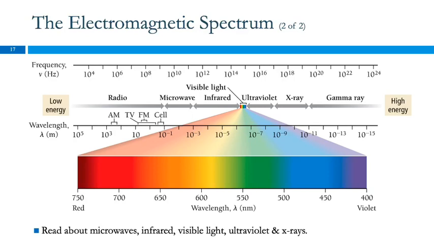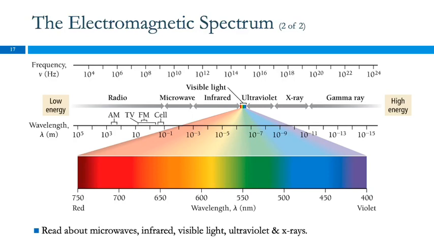There's a lot of information on here. There's a frequency line up here, so we're going from low frequency to high frequency. Here's the wavelength, so we're going from long wavelength to short wavelength because the wavelength and the frequency are inversely related. If one's large, the other is small.